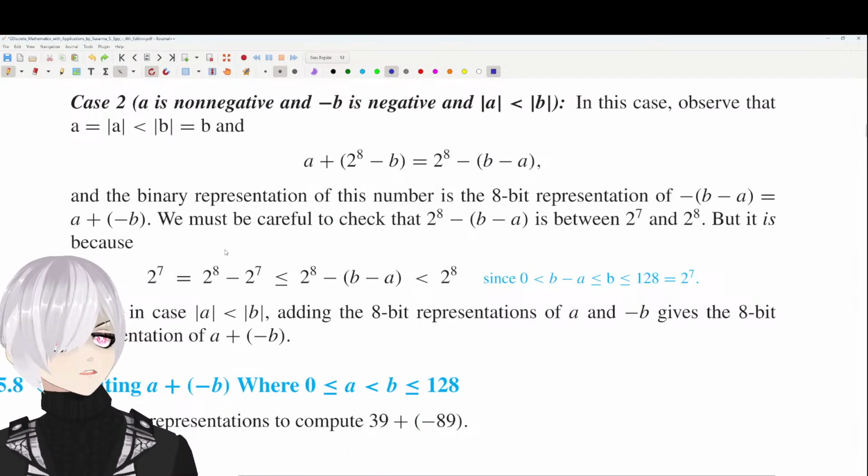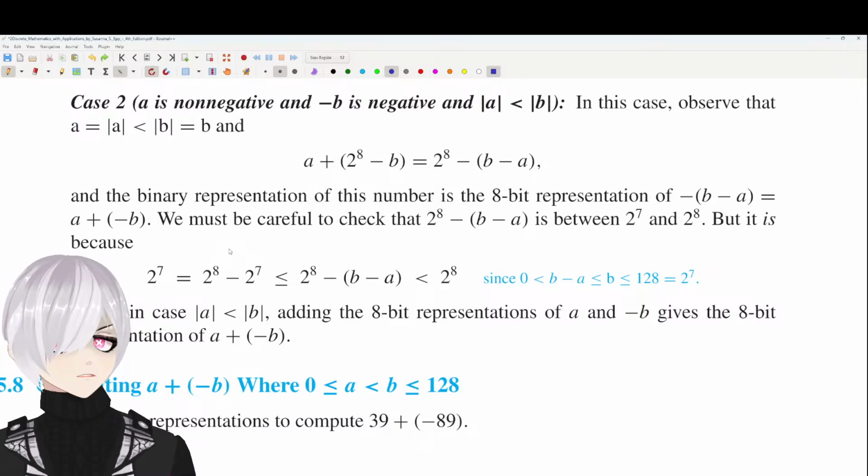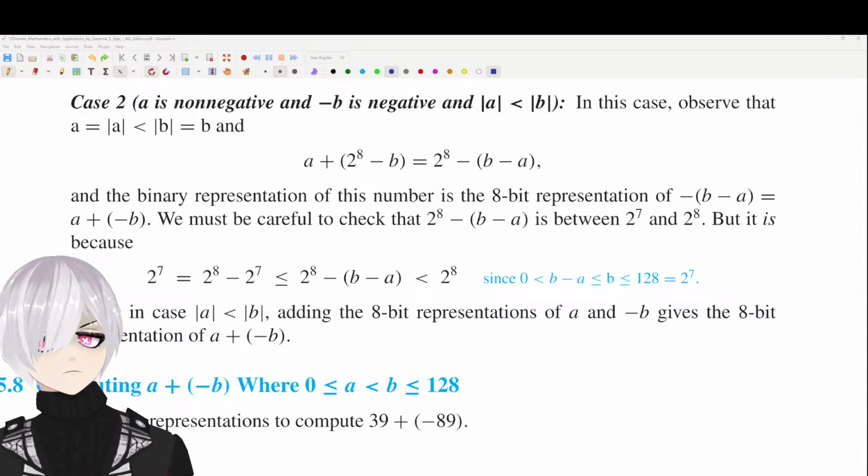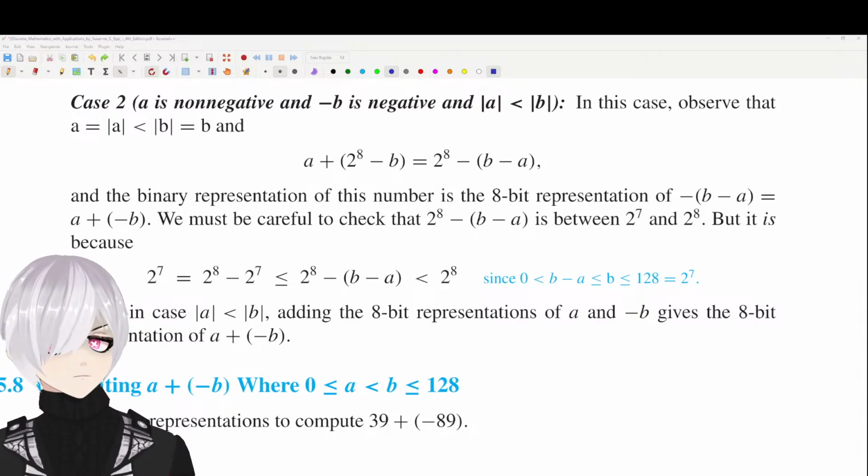Case 2, a is non-negative and negative b is negative, and the absolute value of a is less than the absolute value of b. In this case, observe that... I also wonder why they don't just say a and b. It seems like more infallible logic to specify the absolute value.